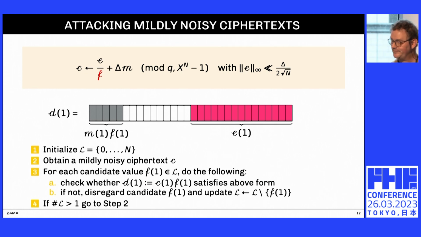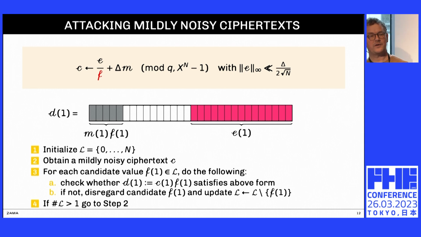So what you can do, remember that f has coefficients in minus 1, 0, and 1. So it means that the possible value for f of 1 is between minus n and n. Okay? So you won't be able to detect the sign. So we just initialize all the candidates for f1 as elements in that set, from 0 up to n.